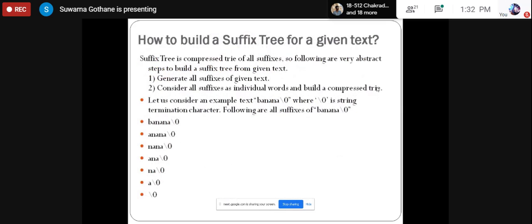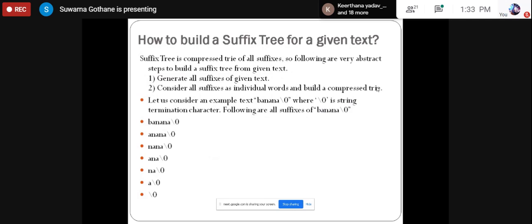So let us have an example. Here we are taking a string, banana. First, while obtaining the trie, we require to know all its suffixes. Whatever word you have given, as I discussed, we require to obtain the suffix strings.